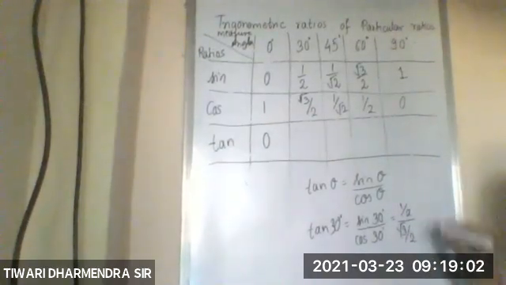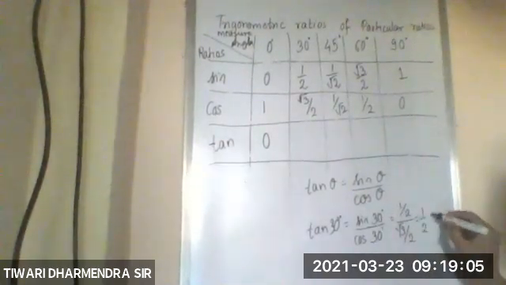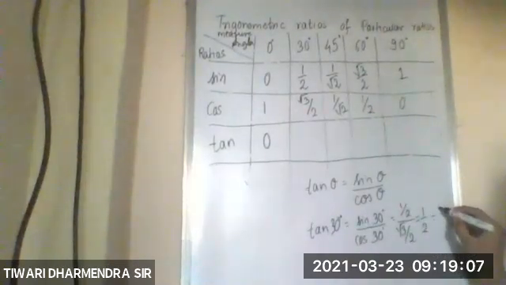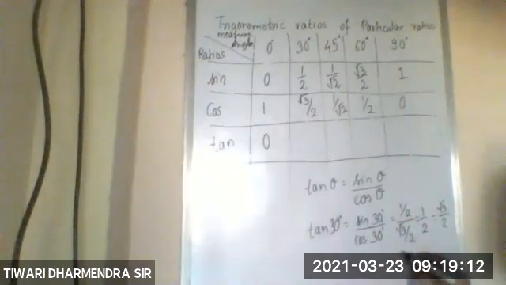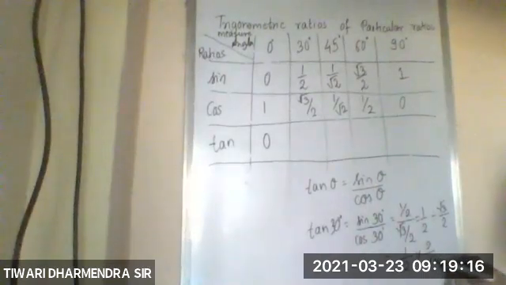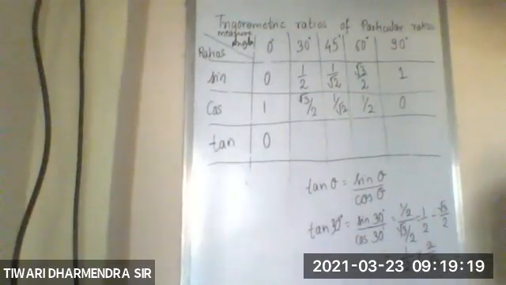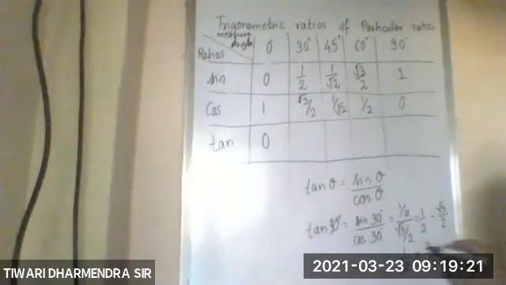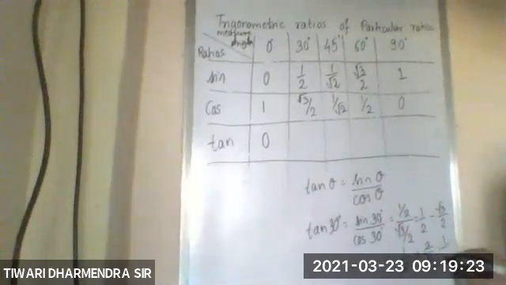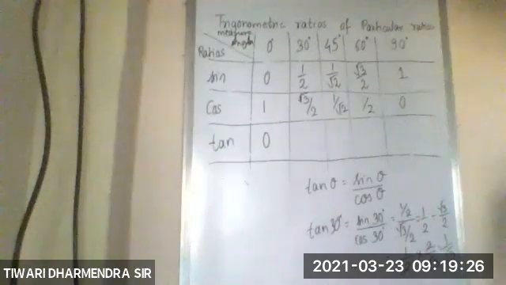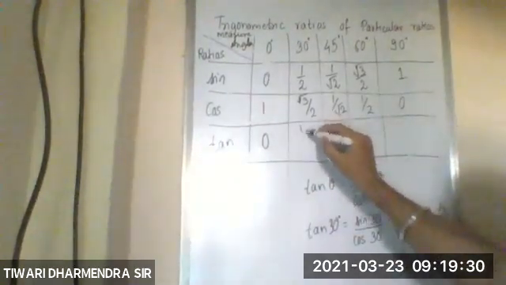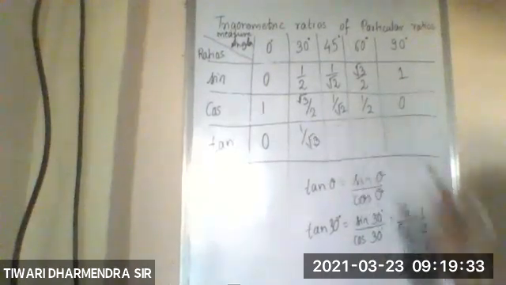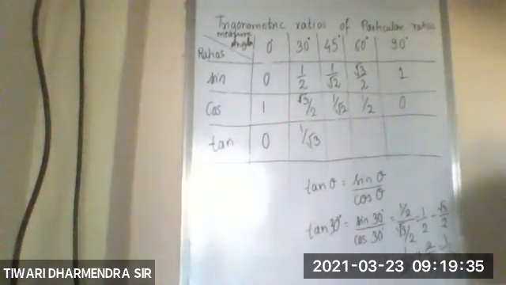As we know that, we can write this as 1 by 2 divided by root 3 by 2, and with this we can write as 1 by 2 into 2 by root 3. 2 gets cancelled. What remains? 1 upon root 3. So we will write here 1 by root 3.